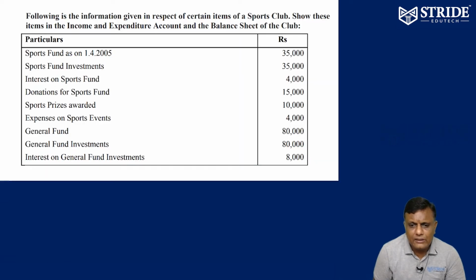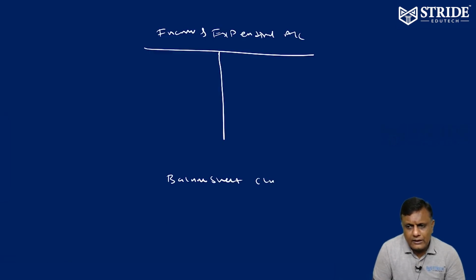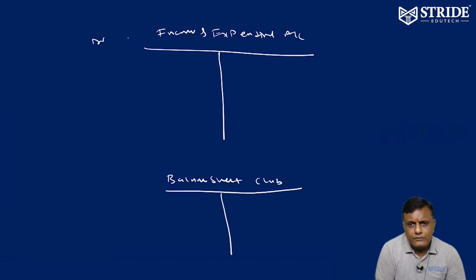Nothing is given, balance sheet of the club only. So debit, credit. This is income, this is expenditure. This is liability, this is going to be asset. This is an examination paper.